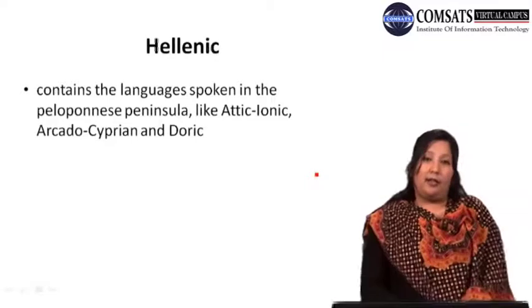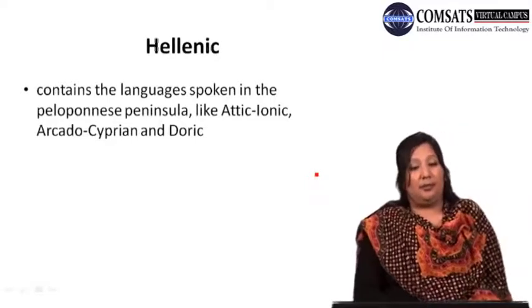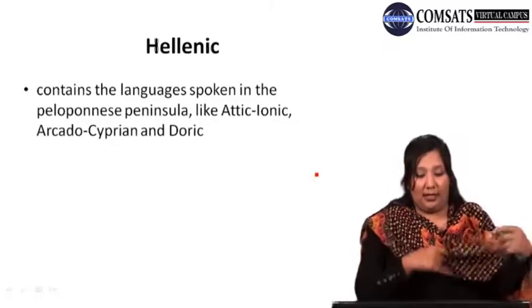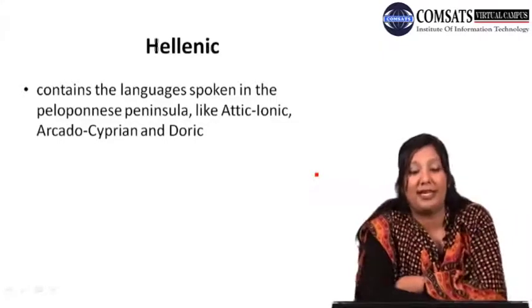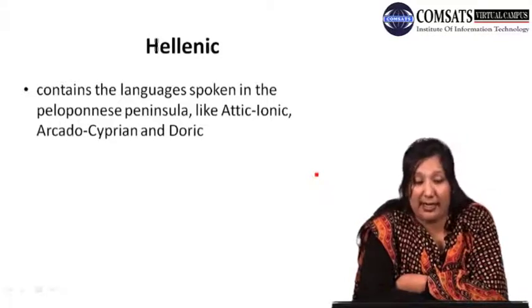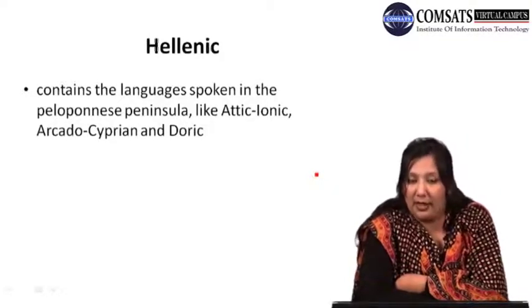Next we are coming to the third branch of languages, the third family. This family is known as Hellenic. It contains the languages spoken in the Peloponnese Peninsula, like Attic-Ionic, Arcado-Cyprian and Doric.